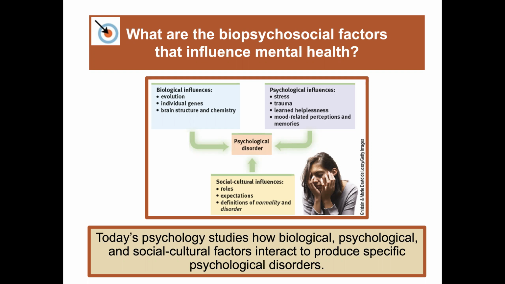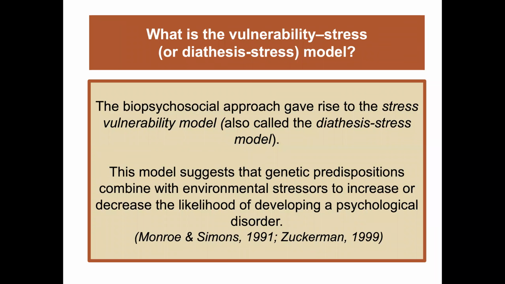Today's psychology studies how biological, psychological, and sociocultural factors interact. It's this interaction that produces these specific psychological disorders. The vulnerability stress model, often called the diathesis-stress model, came out of the biopsychosocial approach.